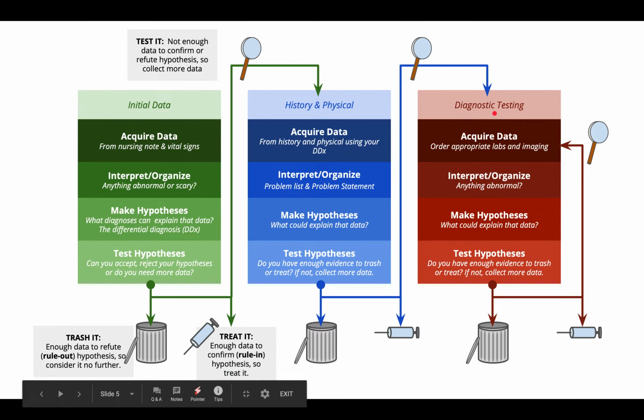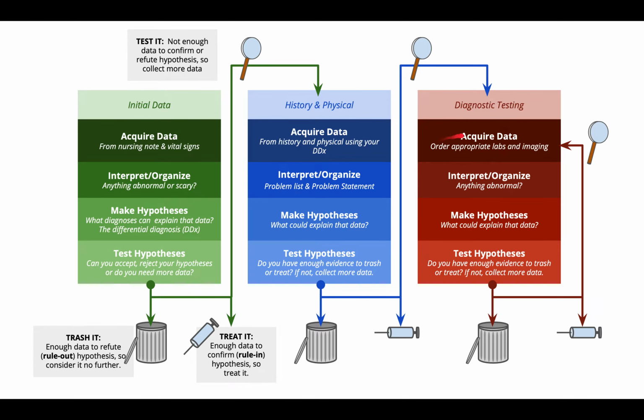But for all the other diagnoses, we need to get more information. Then we need to do diagnostic testing. And so now, again, you have to know which tests to order, which x-rays, which blood tests, and then you got to look at those and interpret them in light of your patient, right? Because a test, you cannot interpret it in a vacuum. You have to interpret it in this patient. And then you make hypotheses and you test those hypotheses.